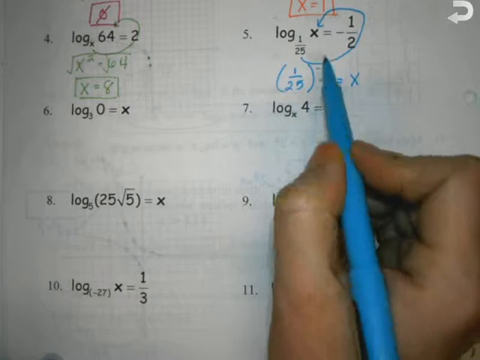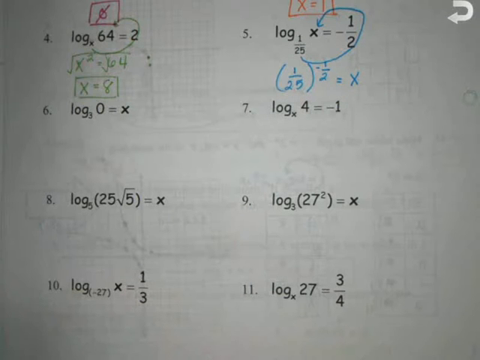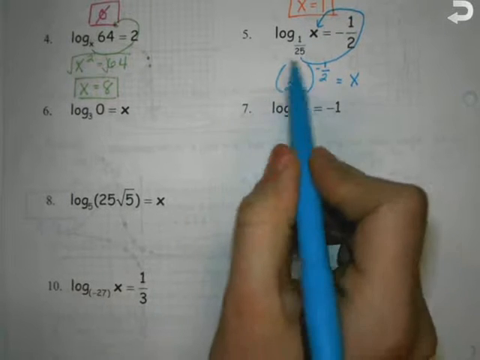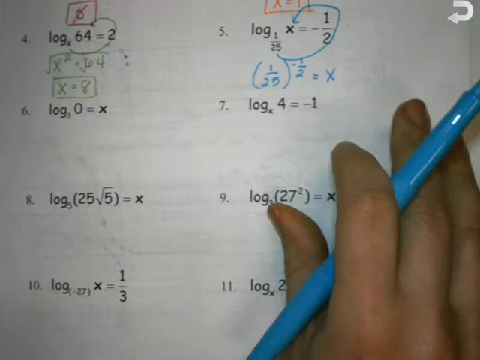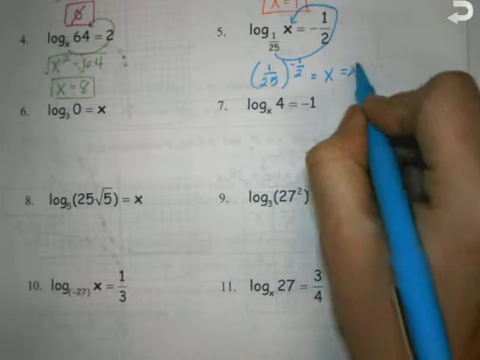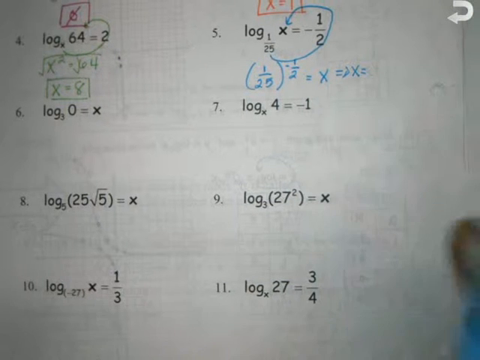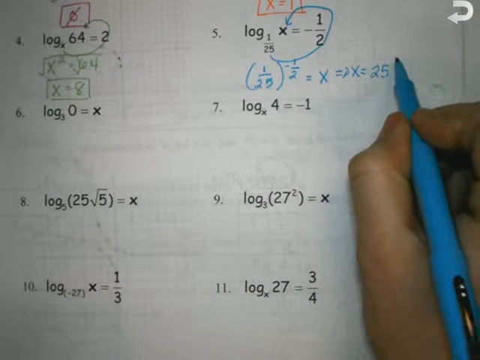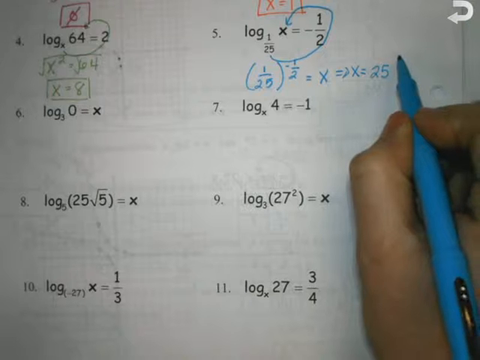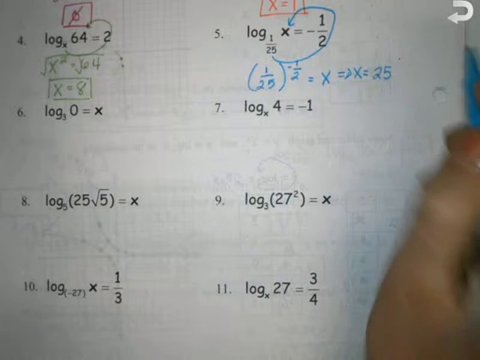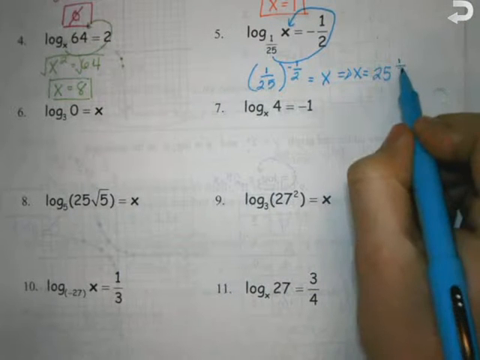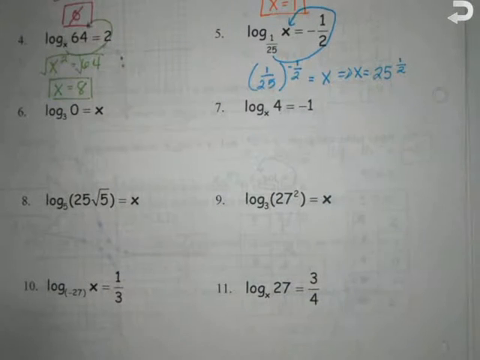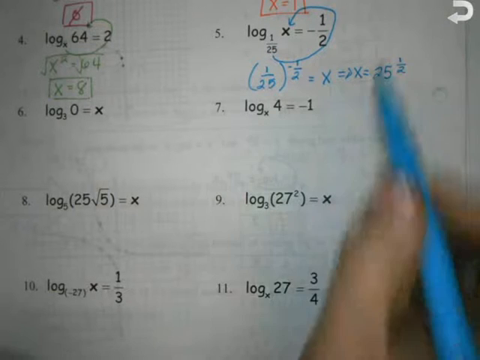If my exponent is a negative, what happens? We flip the base, right? So this is going to be the same as x equals 25, and then that exponent becomes a negative 2? What is a 2? It just becomes positive 1/2. Nothing about the exponent changes except the sign. The only thing we flip is the base.